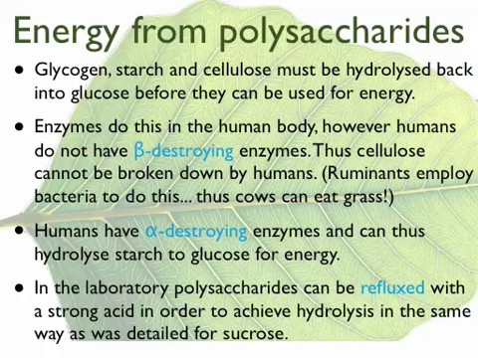Ruminants actually employ bacteria that contain beta-destroying enzymes to do the job of breaking down cellulose, and therefore we see that ruminant animals like cows and sheep are able to consume cellulose in the form of grass and leaves and so forth. Humans do, however, have alpha-destroying enzymes, and we can therefore hydrolyze starch to glucose for energy because starch is bonded via an alpha linkage.